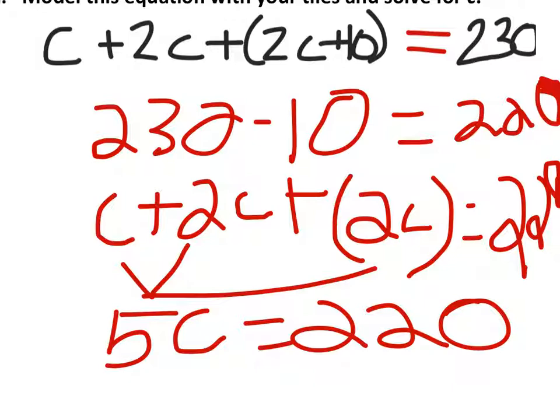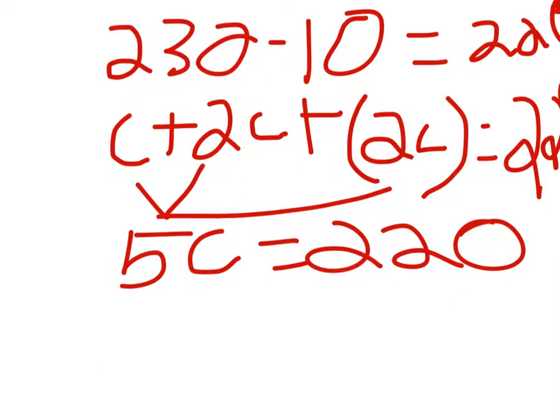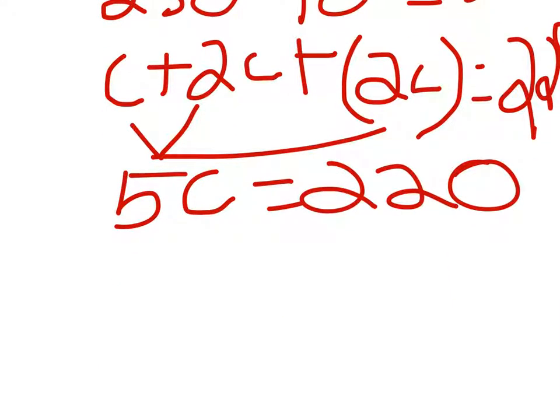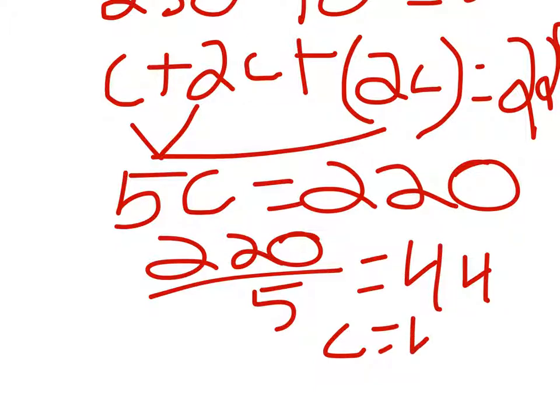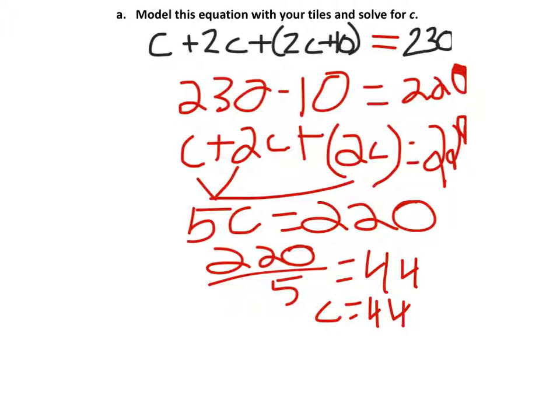Do you want to explain any of that? Okay, so you do 230 minus 10 to take the 10 out of the parentheses.